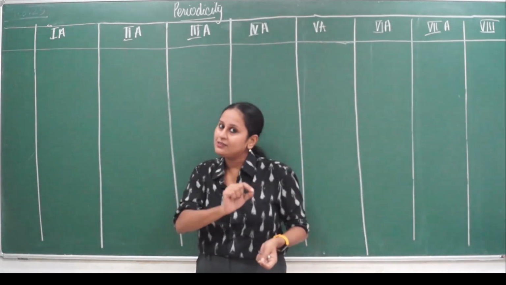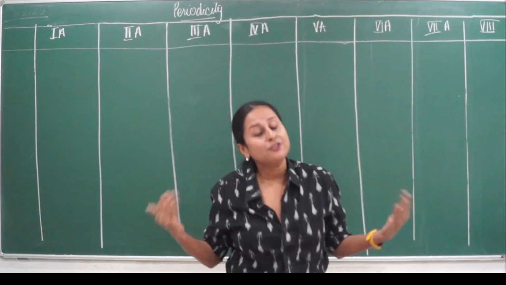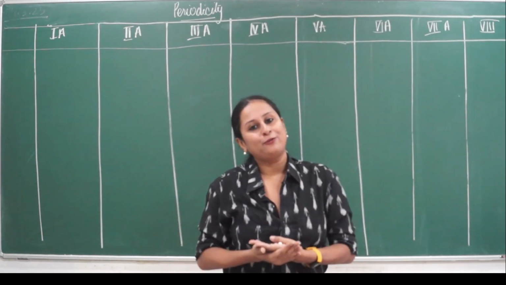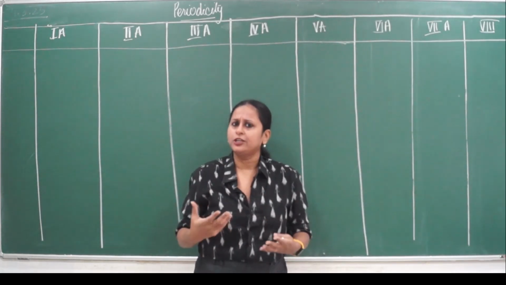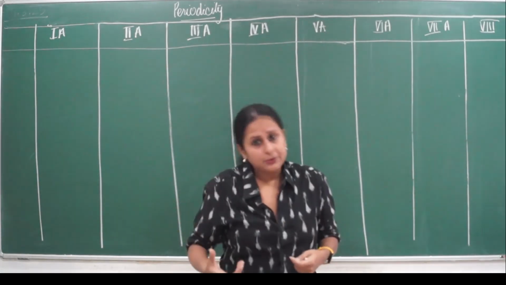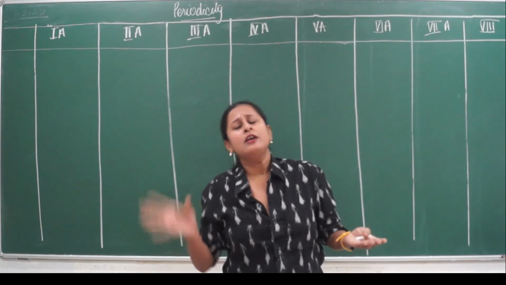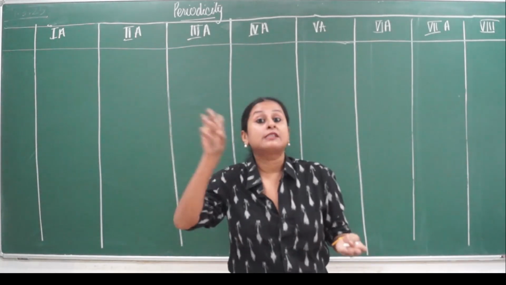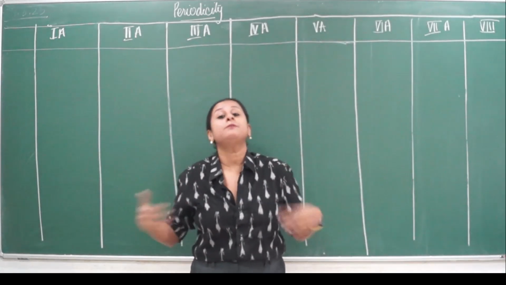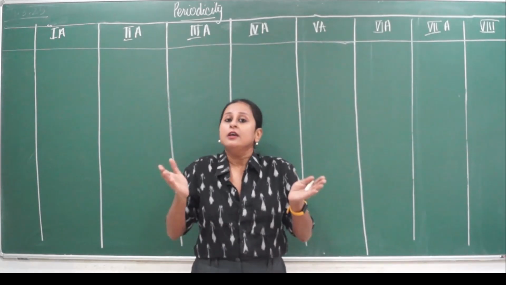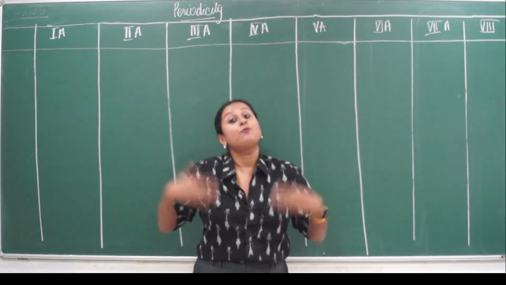Based on this periodicity and on the history of arrangement of elements, we have come to a certain conclusion, and a lot of studies were done. The studies were mainly on elements: how the oxides are formed, how they react with water. These were the principles applied, because this is how we could decipher their properties.